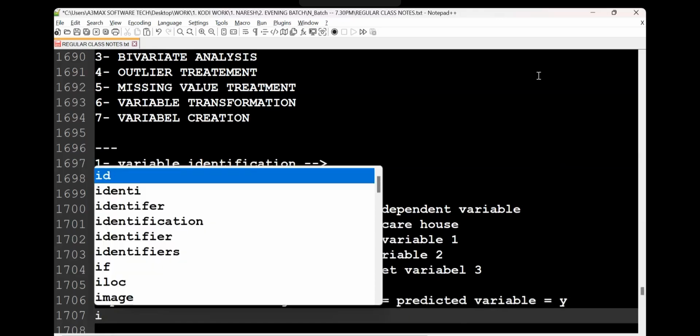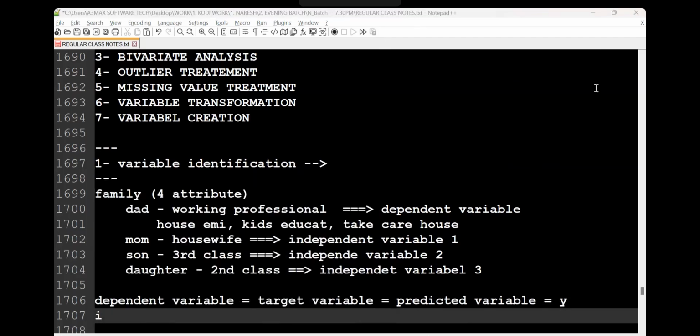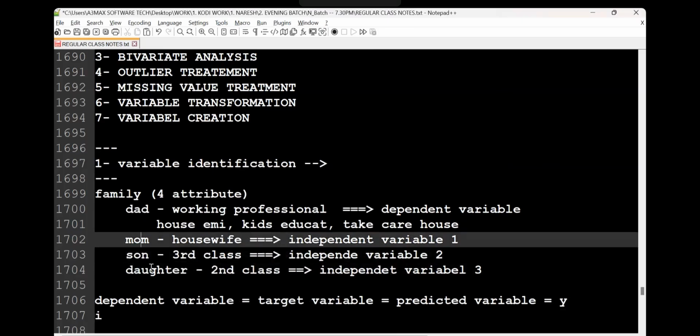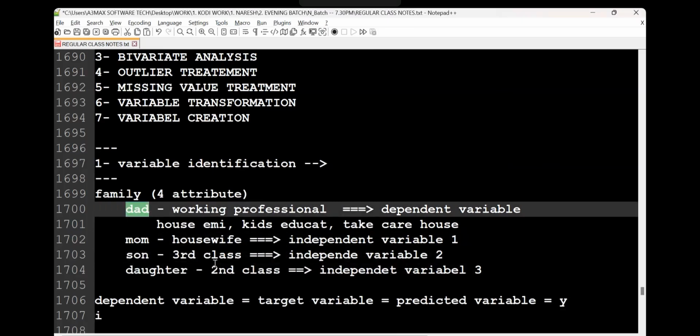Sir, daughters are dependent on father, then how are they independent? Lohit, I expected that. Don't think too much. Don't be a researcher. I will try to create a math equation. See, dad has the house EMI. They have to pay for kids' education. Son and daughter, do they have any responsibility? No. Dad has more responsibility.